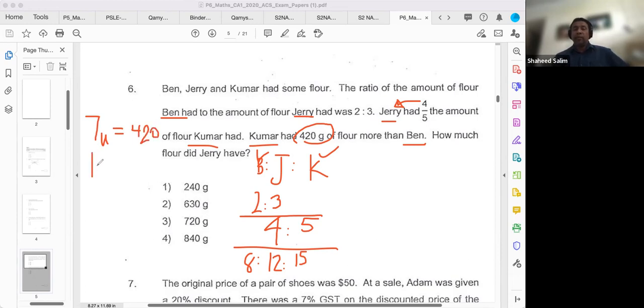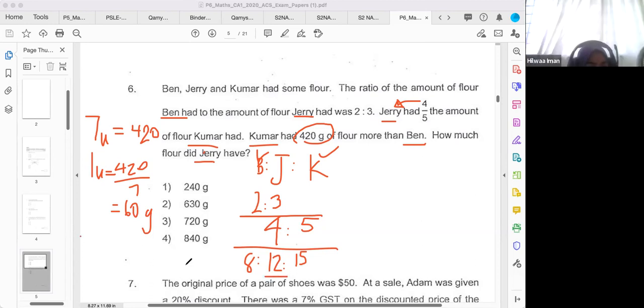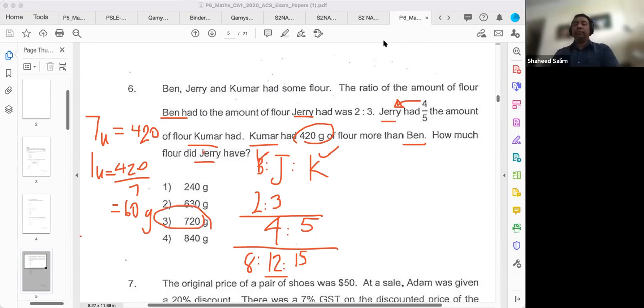What is 1 unit? 420 divided by 7. What do you get? You get 60. So 1 unit is 60 grams. Now what are they asking you? How much did Jerry have? Jerry has 12 units. 12 times 60. Okay, and you're clear?